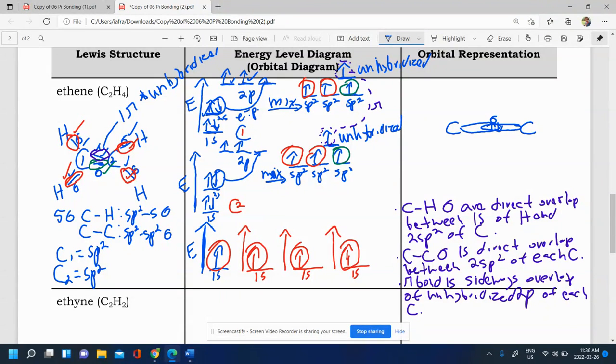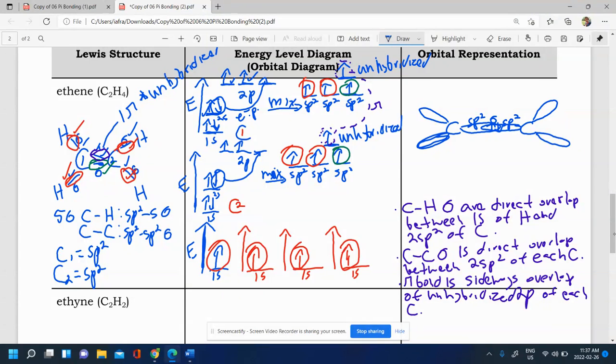That's the sp2, sp2. And then the other sp2s for each of the carbons can be drawn like that. Very similar to the Lewis structure you drew, actually.